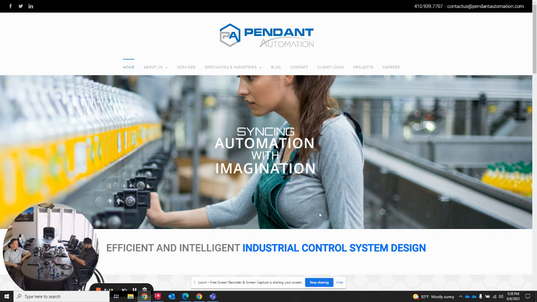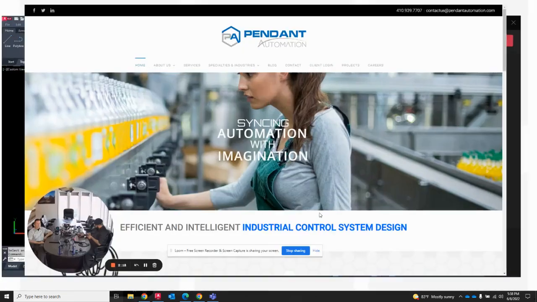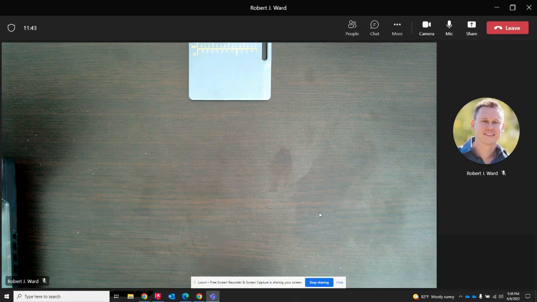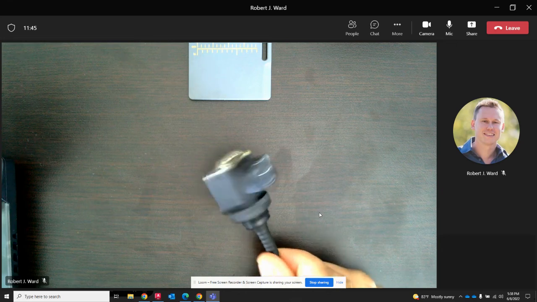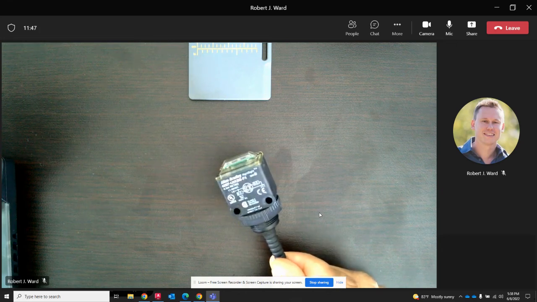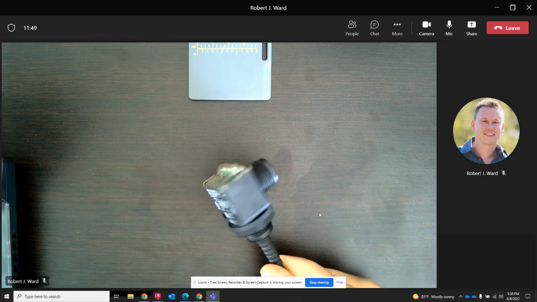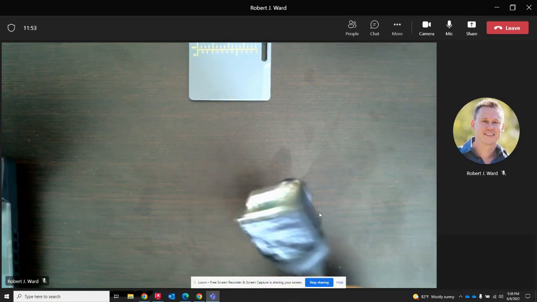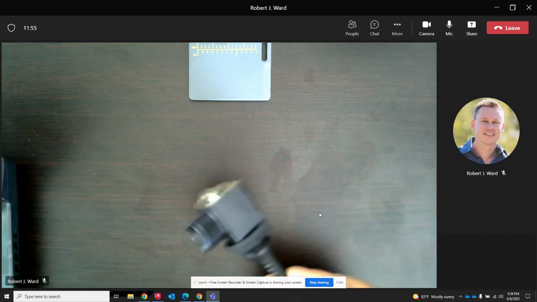Photo eyes can come in a variety of different shapes and sizes. If I switch over to your screen here, you can see a typical photo eye like we might use, basically our standard photo eye, which is the 42EF photo eye from Allen Bradley. The nomenclature can vary, but for the sake of argument, that's what we have here.